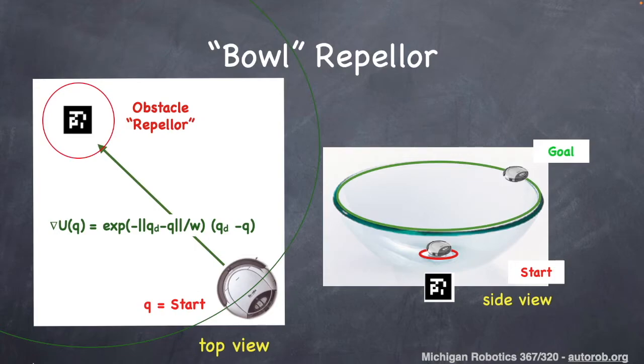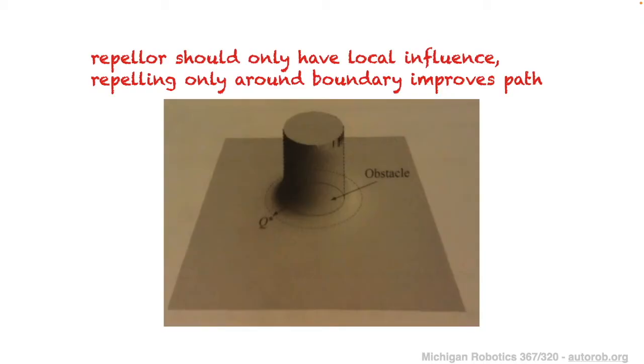In terms of why you might want to use a bowl repeller as opposed to a cone repeller, the answer is that these repellers really should only have local influence, right? The key use of these repellers is to have the robot avoid portions of space that would be near the obstacle.